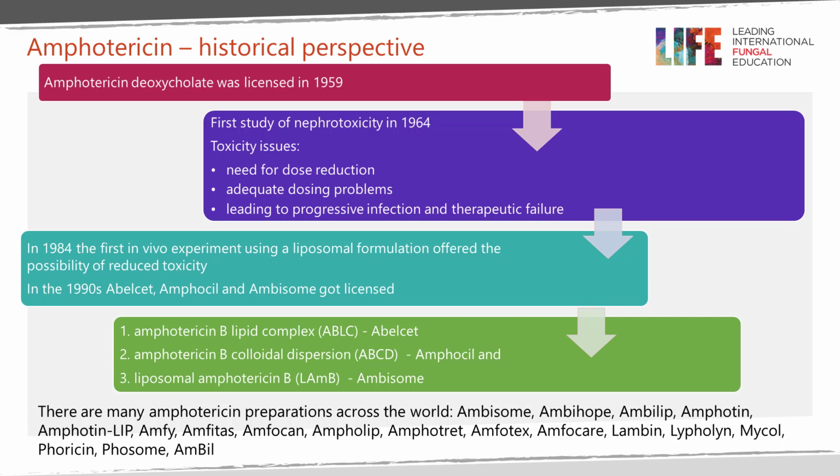Around the 1990s, we saw the first liposomal amphotericins get their license. Around the world, there are now many amphotericin preparations that are liposomal. Here are some of the listed preparations. We will talk about bioavailability in another slide, but it is really important to know that it's not just Ambisome or the ones that you're accustomed to. There are many preparations available across the world.